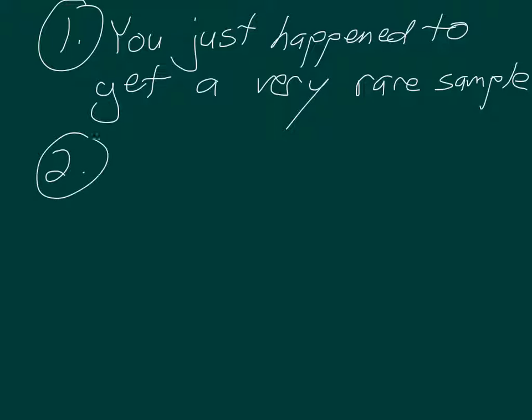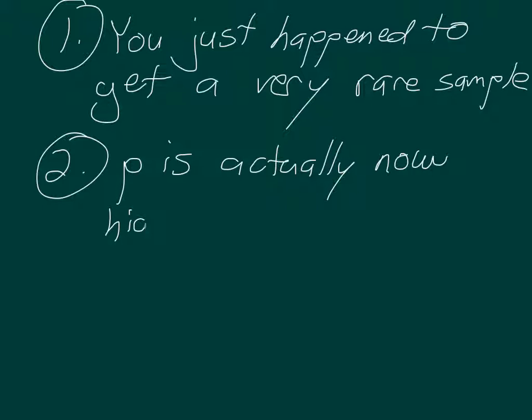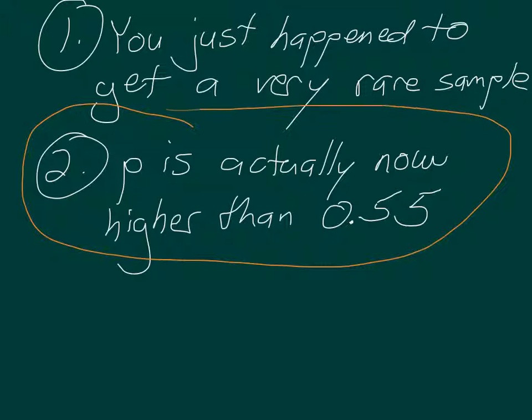Or, the true proportion of consumers that recognize the brand is actually now higher than 0.55, and seeing 64% of a sample recognize the brand is actually not all that rare anymore, okay? And so this is the way that we're choosing to look at it. We're going to say that this is good evidence that p is actually now higher than 0.55.